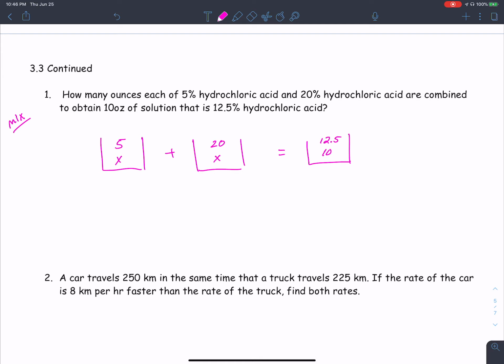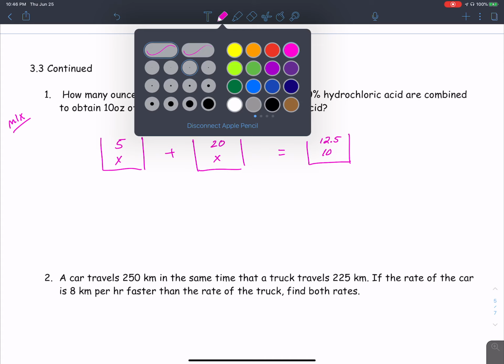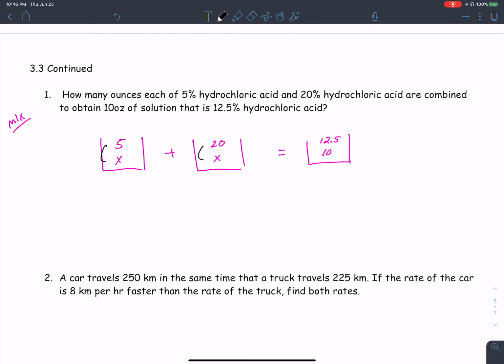So to get my equations, my first step is to multiply these. So I get 5x plus, I messed up already, I'm struggling, this should be y, plus 20y equals 125. Then I just take the bottom, x plus y equals 10.